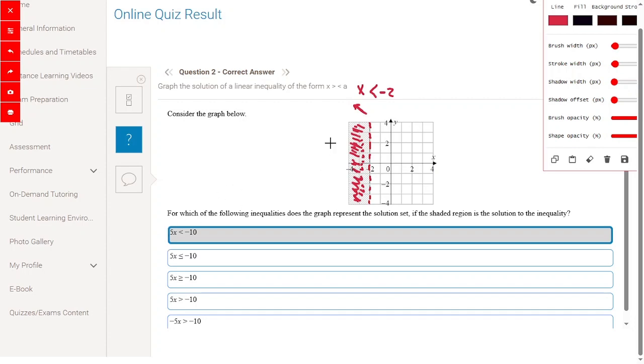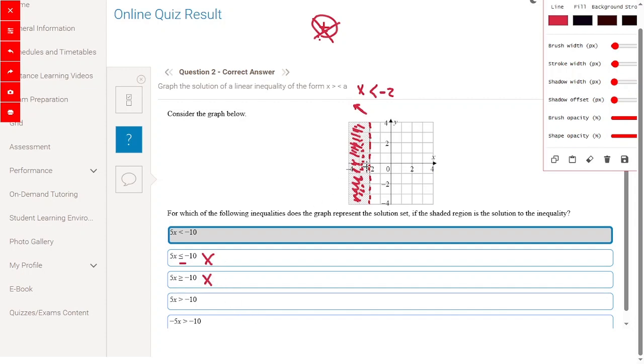Because it's a dotted line, we will not have equal in the inequality. So bigger than or equal, or less than or equal, will not be included. So let's see the inequalities here. We have this one, 5x less than or equal, it will be a wrong answer because the line is dotted. And 5x bigger than or equal to minus 10 will also be a wrong answer.